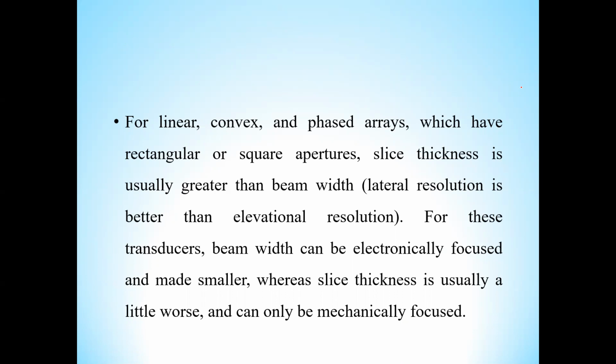For linear, convex, and phased array, which have a rectangular or square aperture, slice thickness is usually greater than the beam width or lateral resolution. You can say that lateral resolution is better than the elevational resolution or slice thickness resolution, because in these transducers the beam will be thicker as compared to its width.